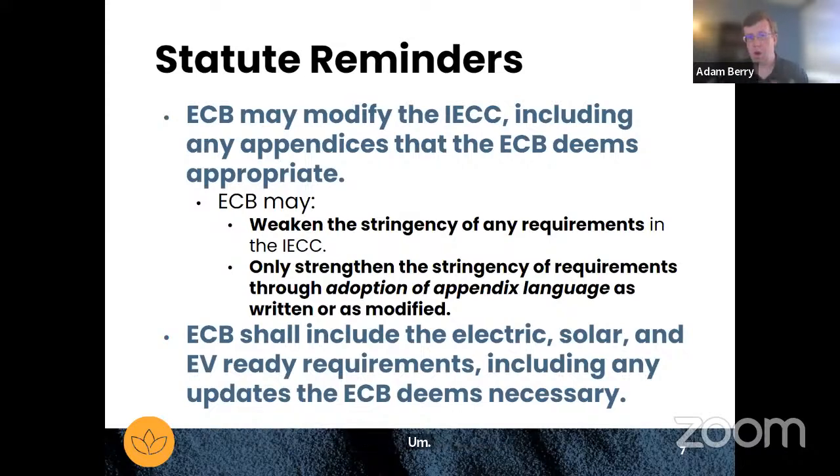So there are opportunities to strengthen the code. An important point is that adopting appendices is strengthening the code. If you adopt the appendix as it's written, or use an adopted appendix in some modified fashion to modify other provisions of the code, that's fine. That is what the board is allowed to do.